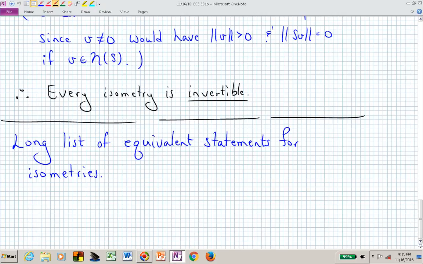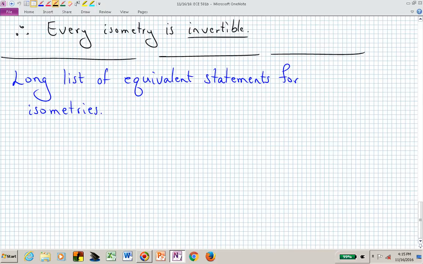Now we can actually come up with a bunch of equivalent statements relative to isometries, and that's in the form of the following theorem. Theorem 42 is the following. These are characteristics of isometries.